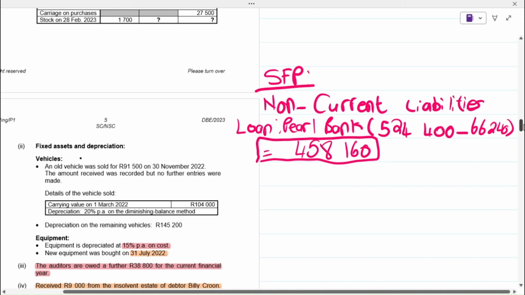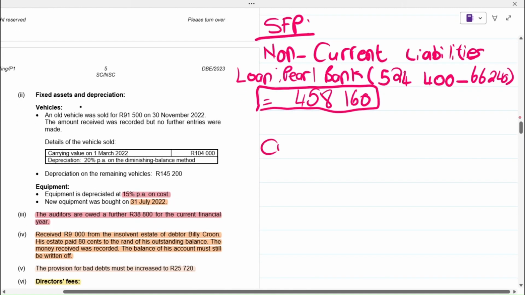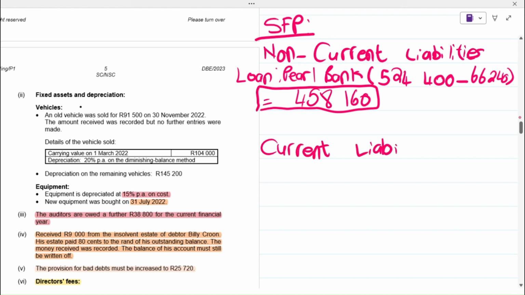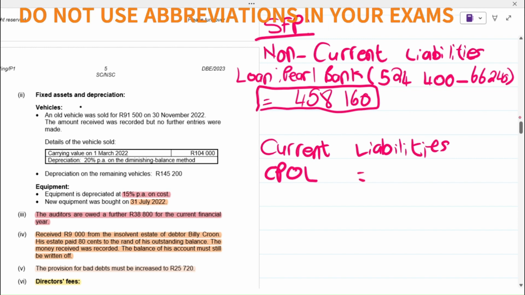Then after, I'm going to go to my current liabilities section, and I'm going to have my current portion on loan. Please don't use abbreviations, just use the whole phrase.